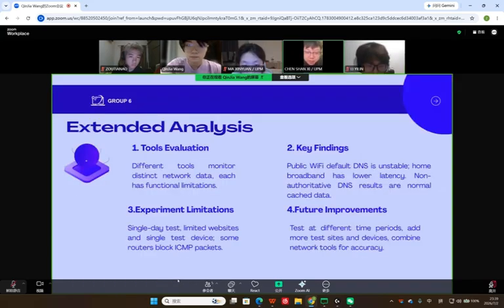Now let me share our extended analysis. First, each tool has different functions and limitations. PingPlotter monitors latency and packet loss, but it cannot show every routing hop clearly. Visual route shows a path on a map, but it uses more system resources.